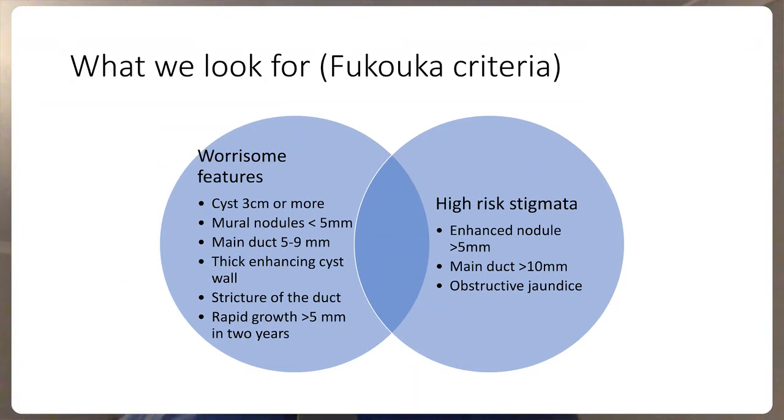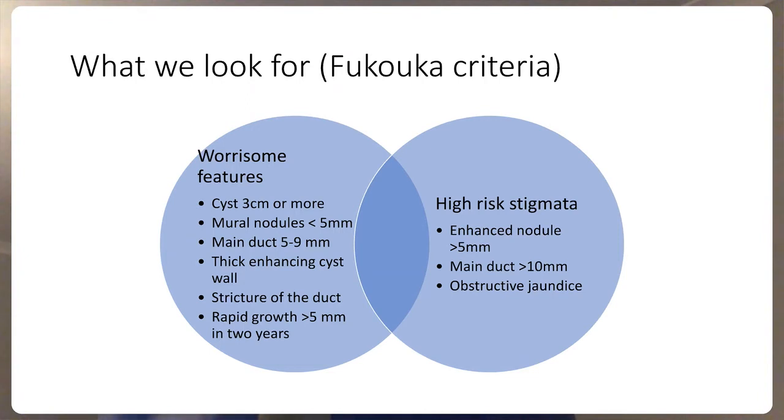It helps us by dividing the findings that we see on the IPMN, which is usually the main duct IPMN, into whether it has got any worrisome features or not, or whether it has got a high-risk stigmata.